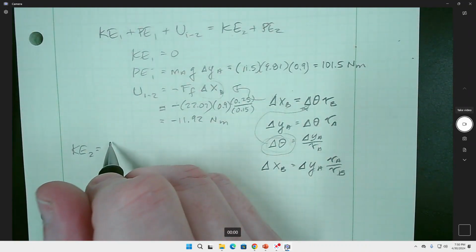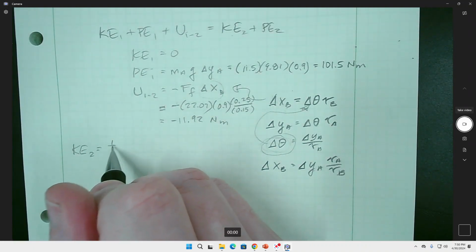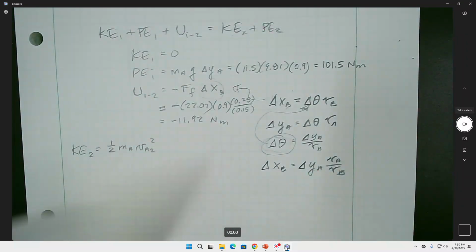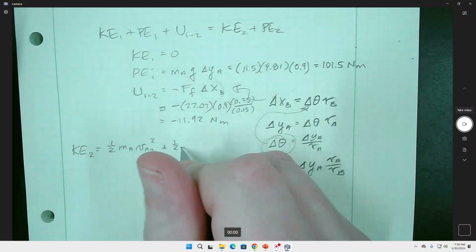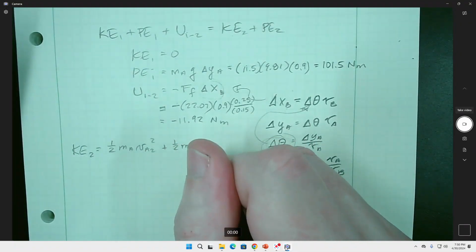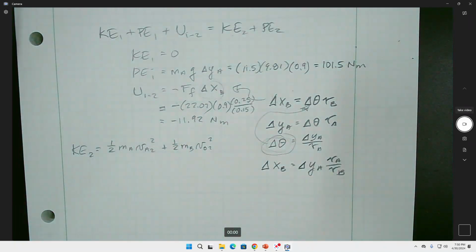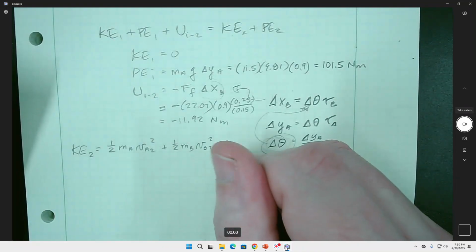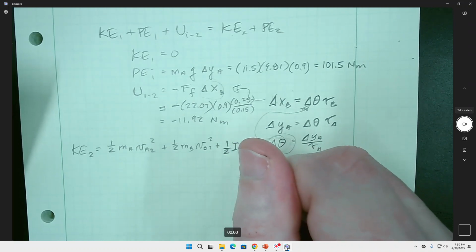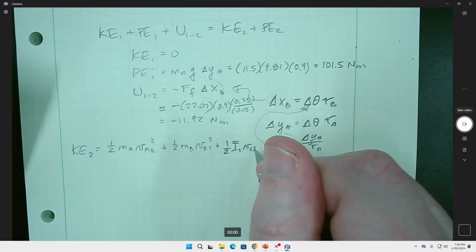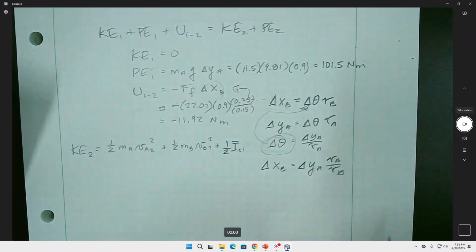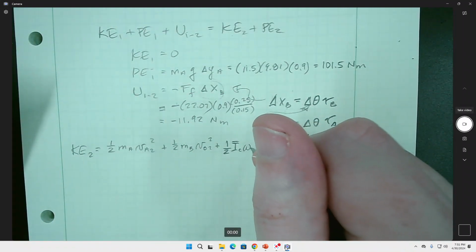So we have 3 parts, and we need to accommodate each one of them. 1/2 m_A v_A2 squared, A is traveling, plus 1/2 m_B v_B2 squared, plus 1/2, oops, I almost messed up, I_C omega, not v_C, omega. And we don't even need to call it anything because we only have 1 omega, omega 2 squared.